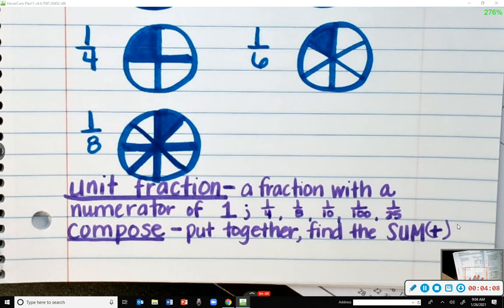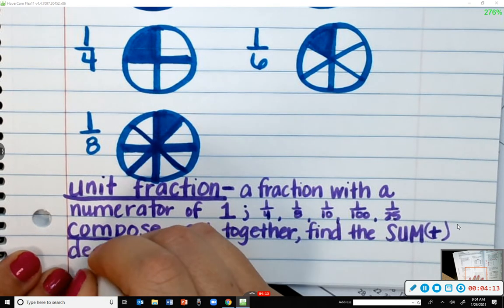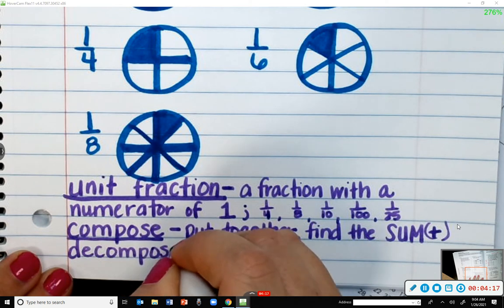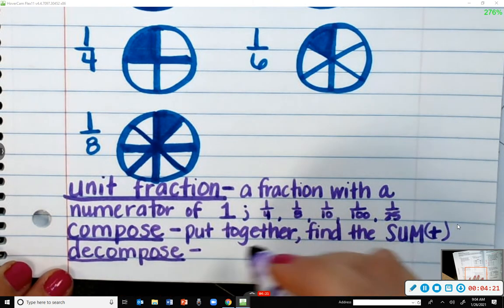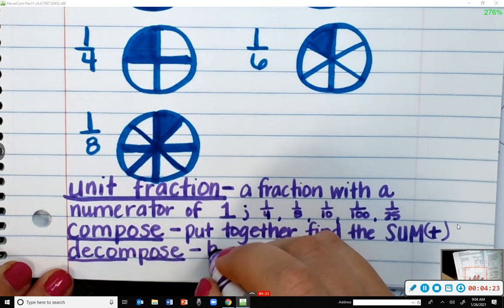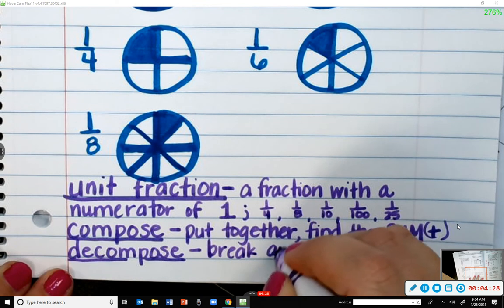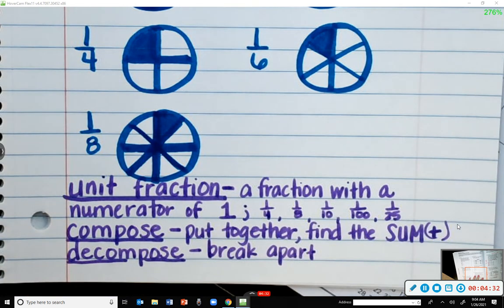Okay? The next word is decompose. So if compose means to put together, decompose means to take away. Not just take away, but break apart, or break down.